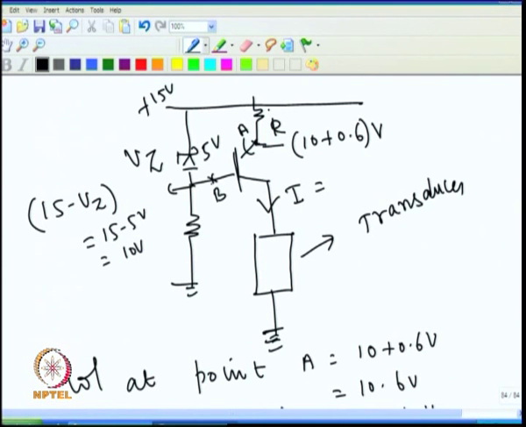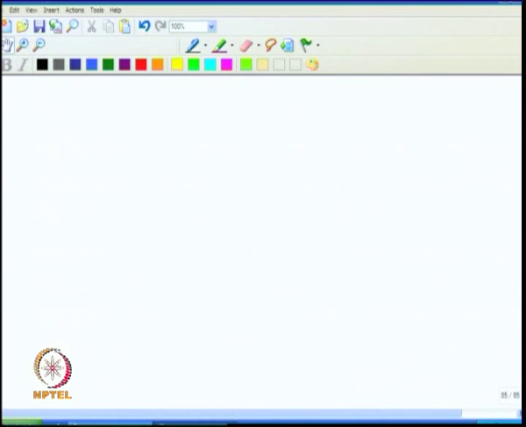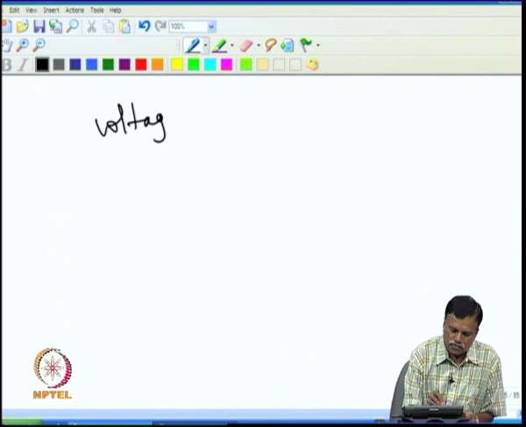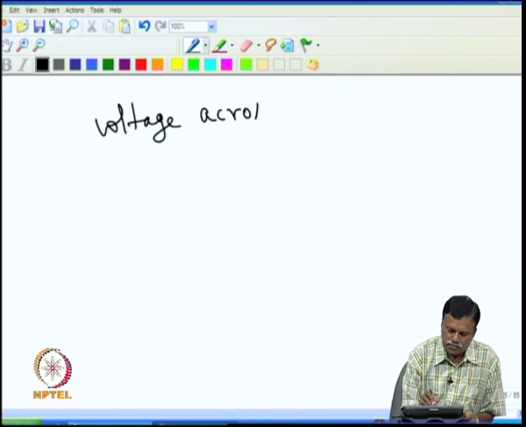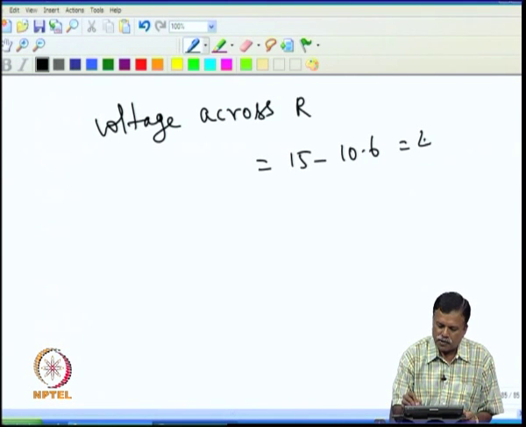So, voltage across R, if this is sitting at 15 and this is 10.6, would be 15 minus 10.6, that is 4.4 volt.